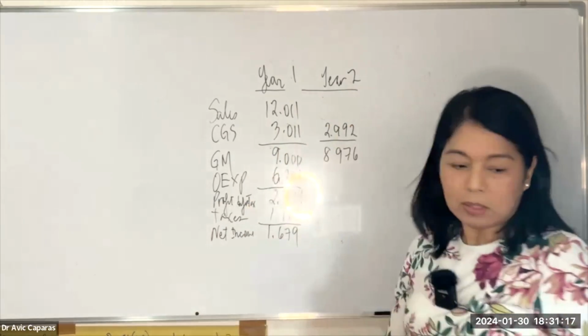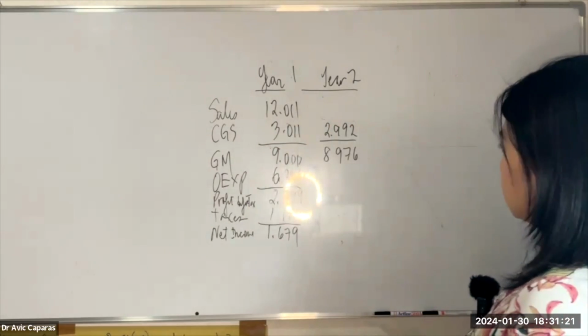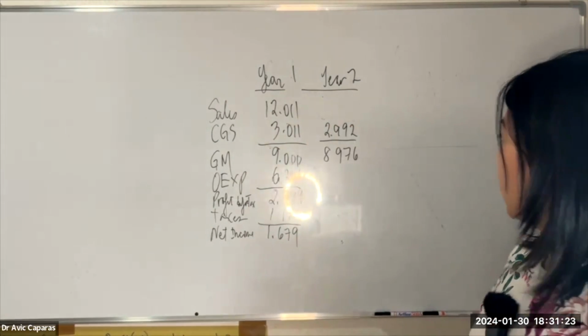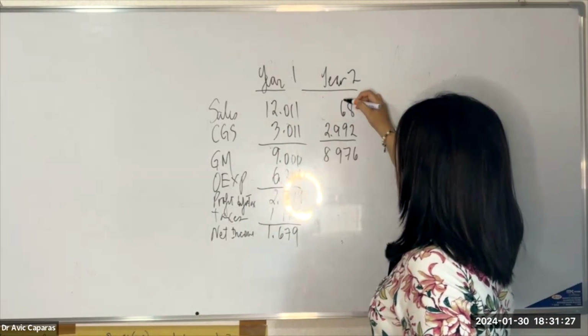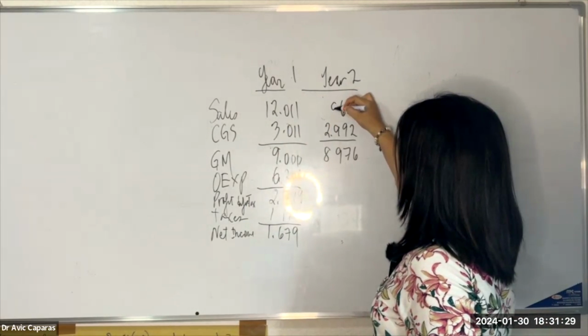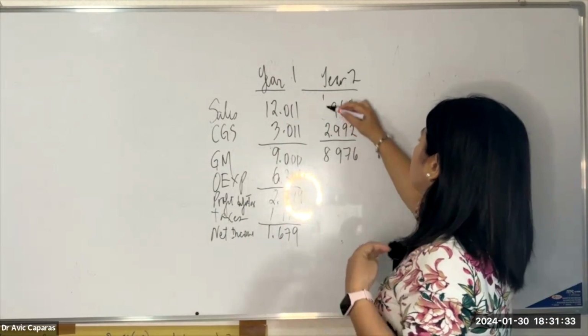Okay, let's use the calculator now. I will just have to add this. 8, 16 plus 1, 19 plus 1. Tama ba? 10, 11.